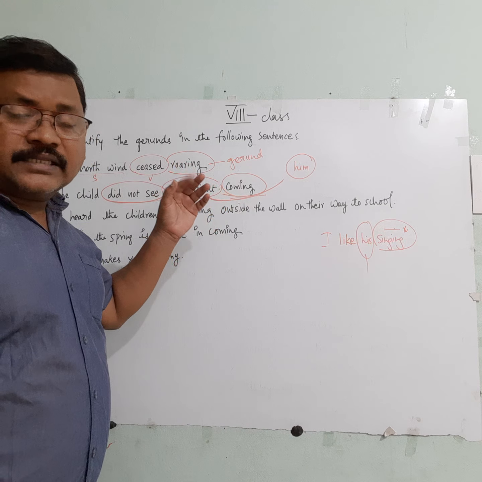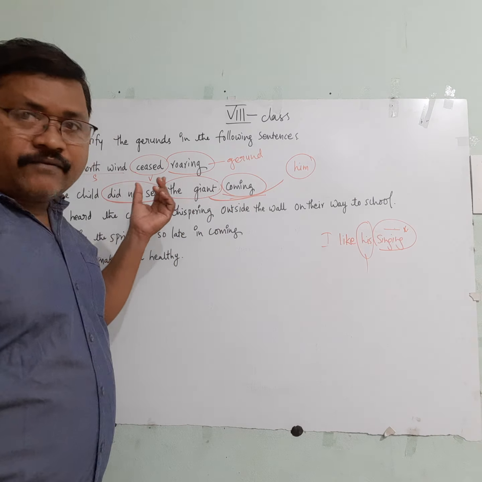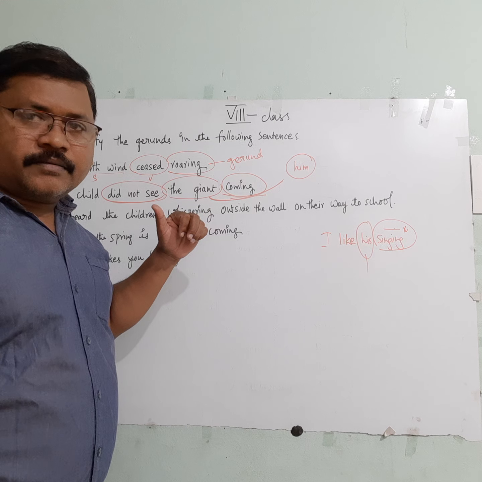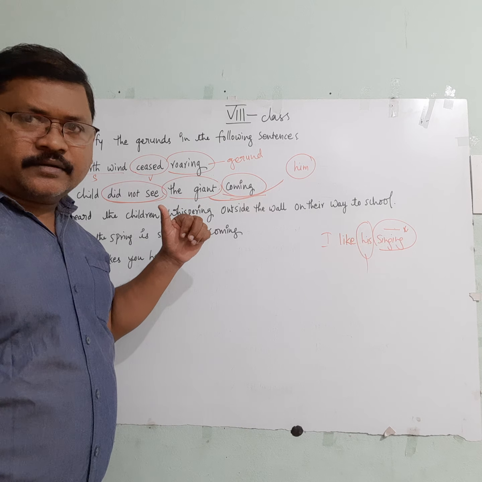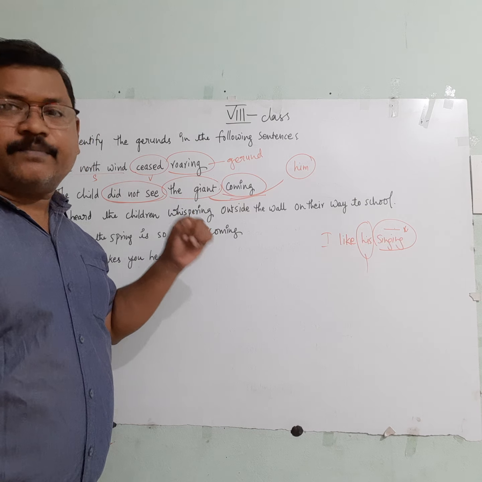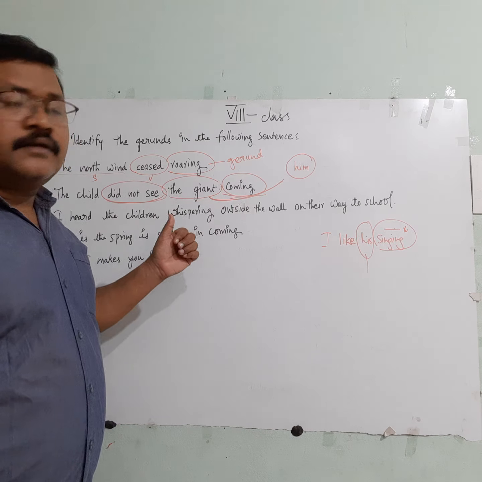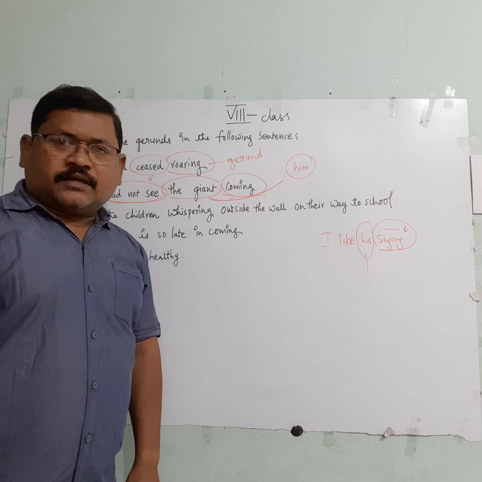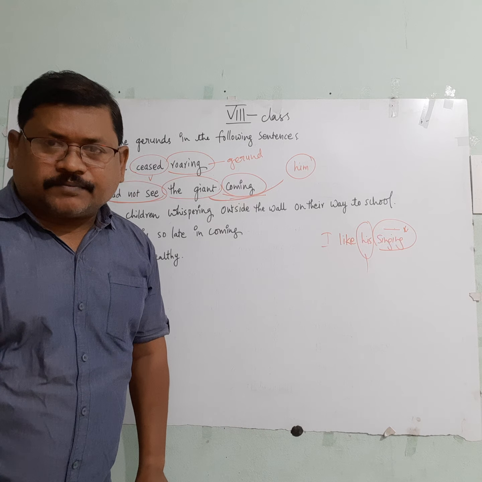Especially in a sentence where we find a verb of perception as the main verb, this V1 ing is called present participle.